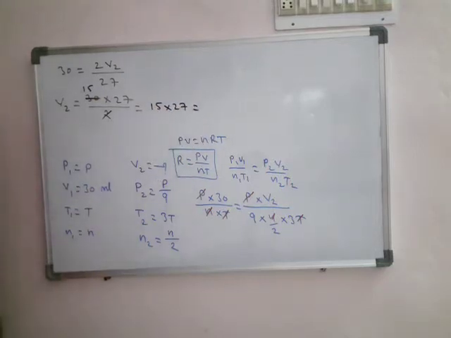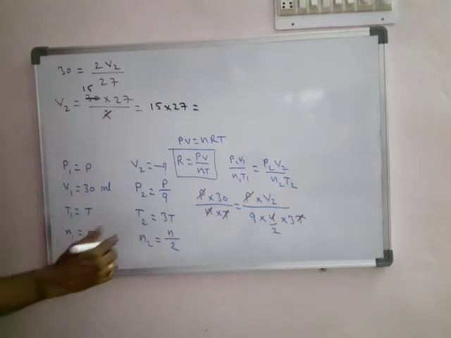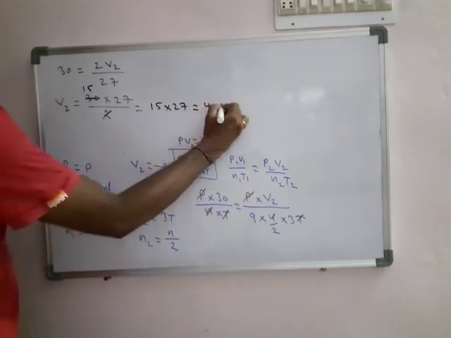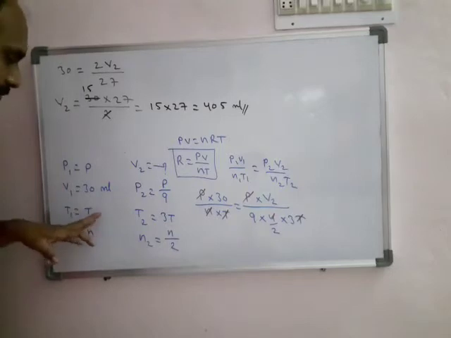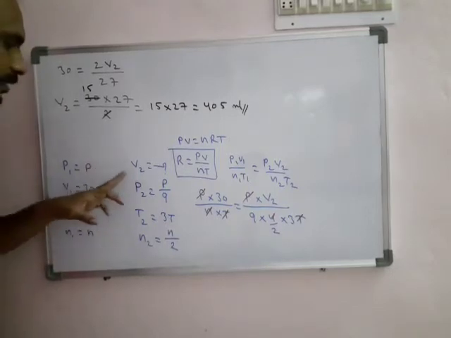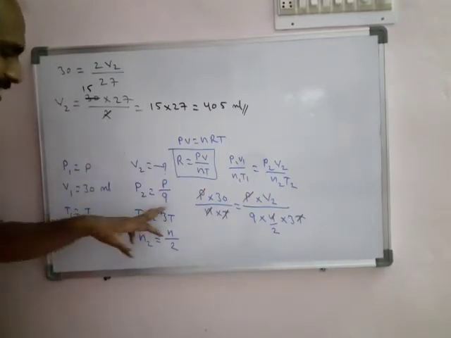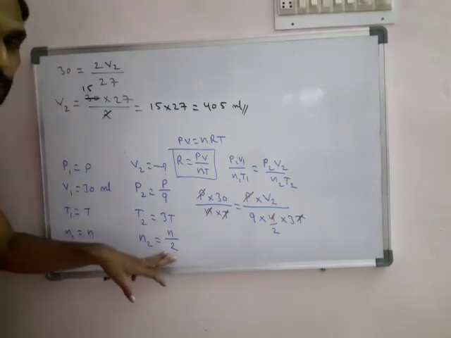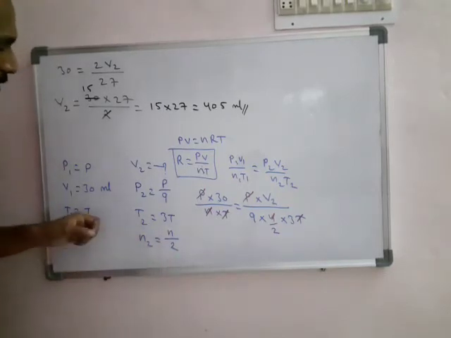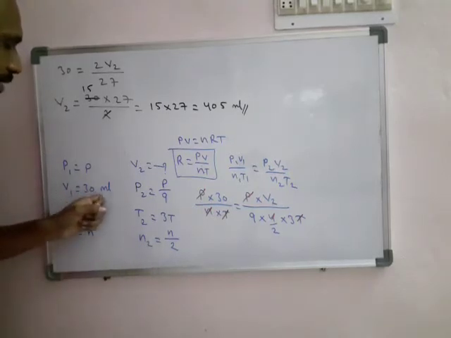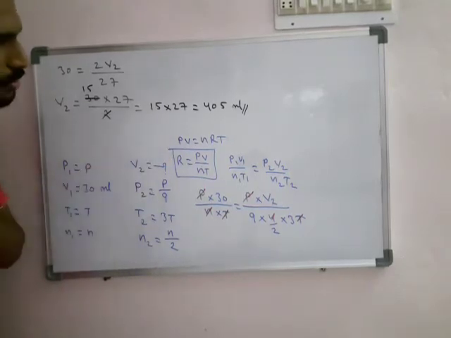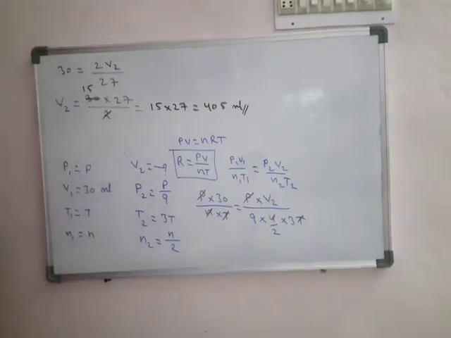And finally we will get 405. So this is the volume of hydrogen gas, when its pressure is P by 9, its temperature triples, and its mass is halved. Means when these conditions are changed to these conditions, the volume of 30 ml of hydrogen increased to 405 milliliter.